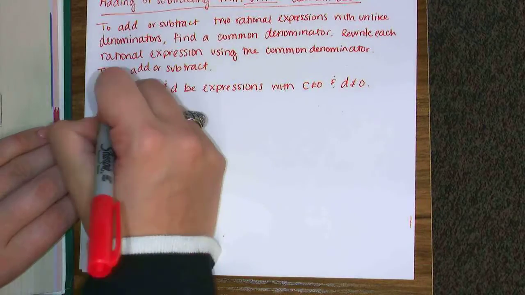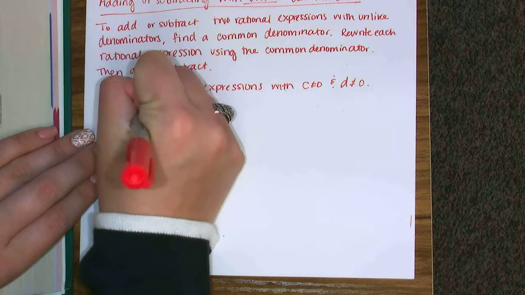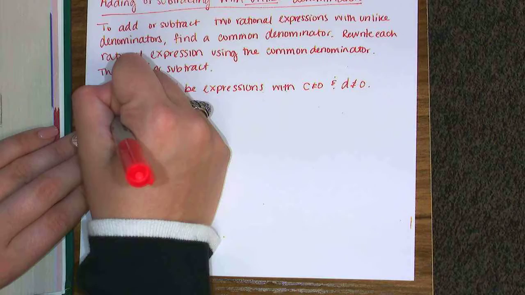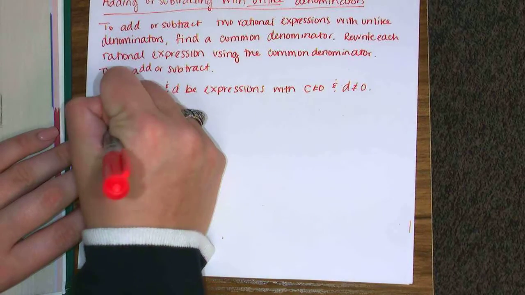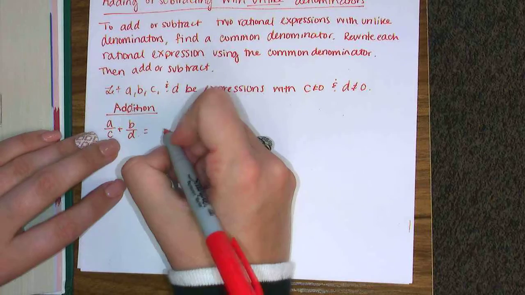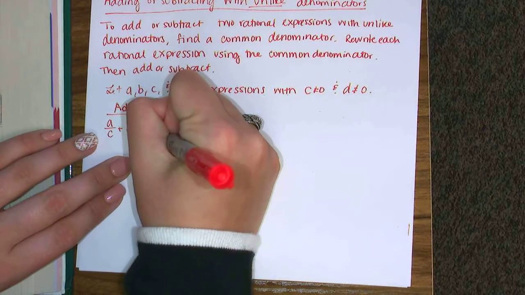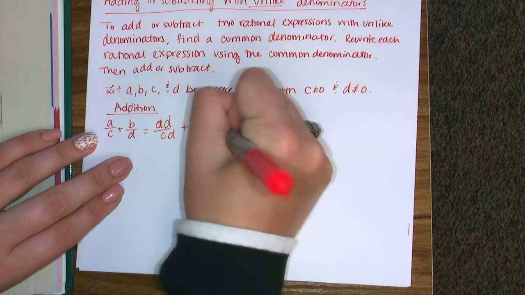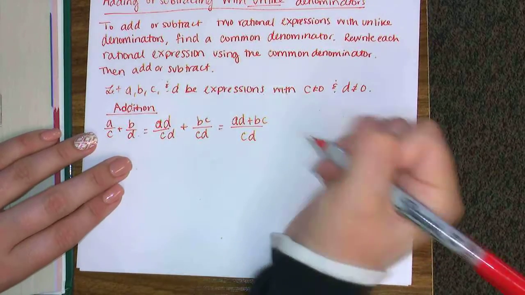So then the property for addition is A over C plus B over D is equal to, so we need to get the common denominator, so it's AD over CD plus BC over CD is equal to AD plus BC over CD.